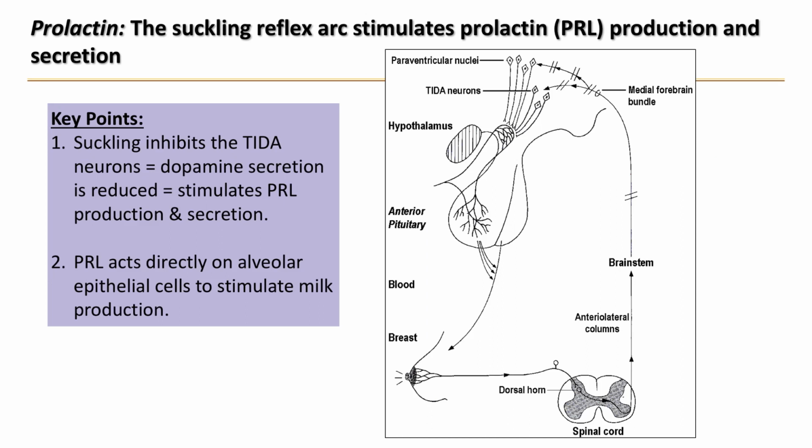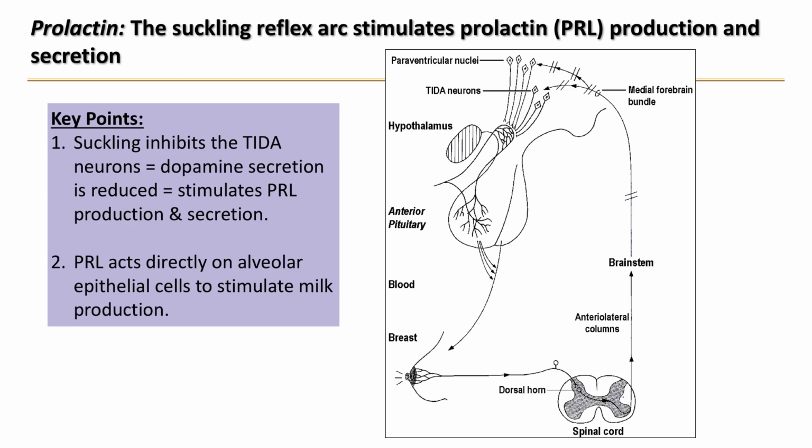So prolactin, recognize that the suckling reflex arc does not just involve oxytocin, but it also involves production and secretion of prolactin. So recognize that suckling inhibits the tuberoinfundibular neurons. Recall that prolactin secretion is under the tonic inhibitory control of dopamine, so that way when an infant suckles, there's actually a drop in dopamine secretion, which leads to an increase in prolactin production and secretion from the anterior pituitary.